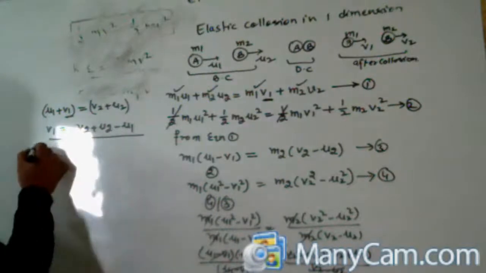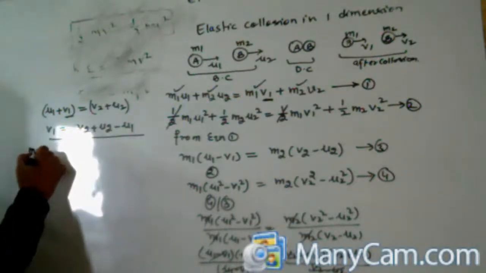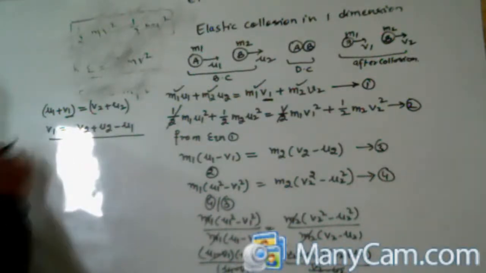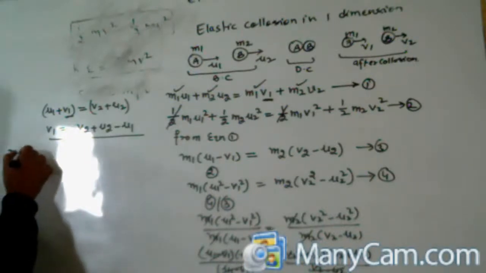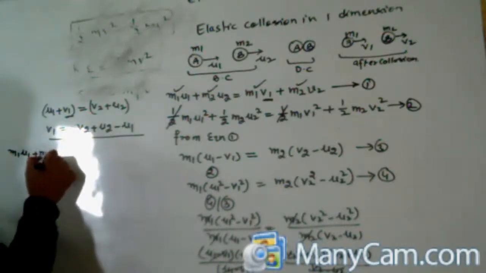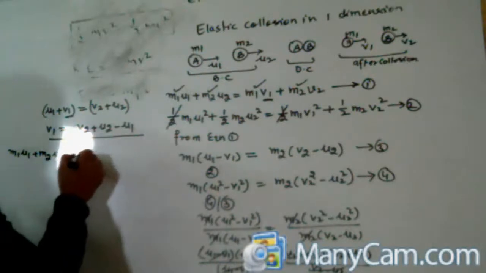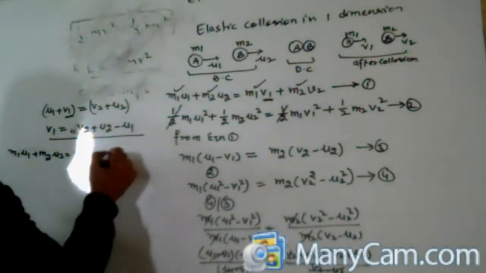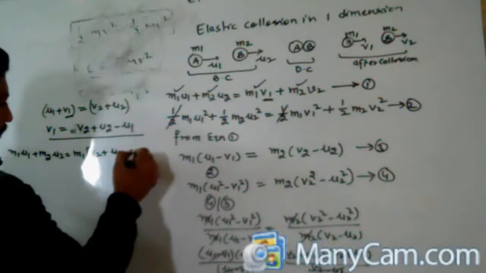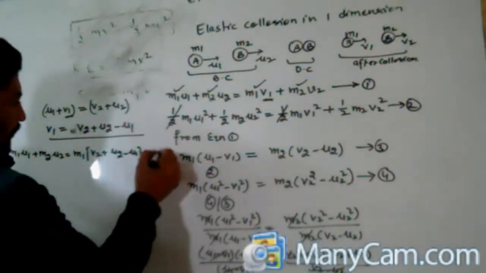So बेटा here m1 u1 plus m2 u2 is equal to m1 (v2 plus u2 minus u1) plus m2 v2.